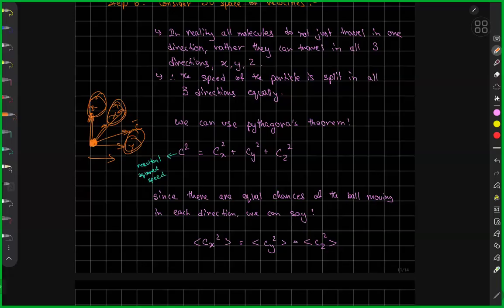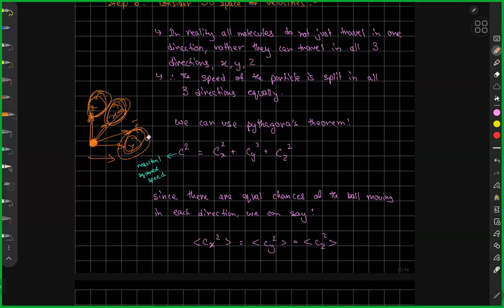When you consider all the particles, it turns out, fascinatingly, that if you add up all the components, there is an equal amount of speed in the z direction, x direction, and y direction. Can we agree on that?